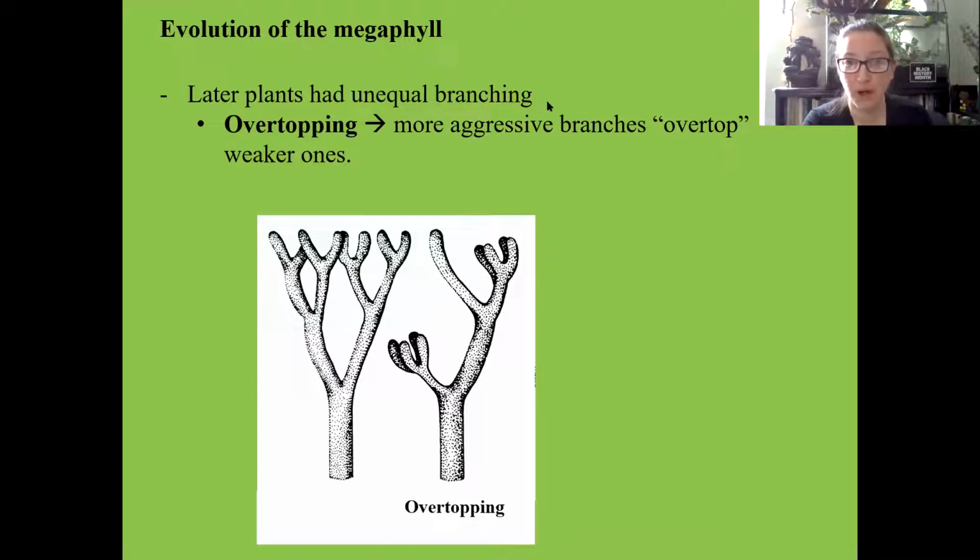This one, right? This one here is overtopping because it's higher than these, and it's higher than these. It's overtopping them. So that's the first step in the evolution of a megaphyll, this overtopping.